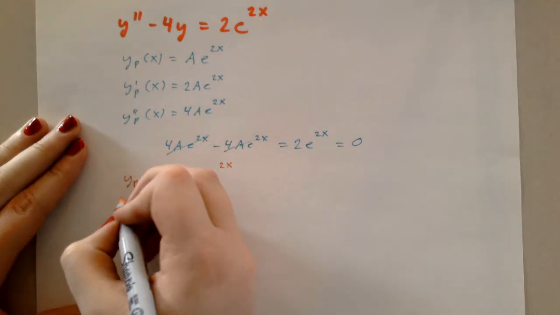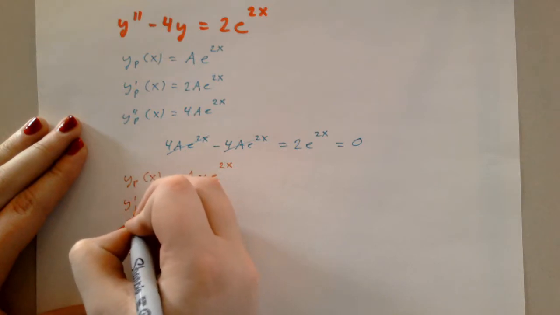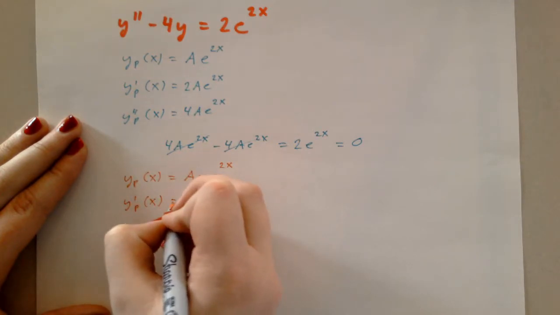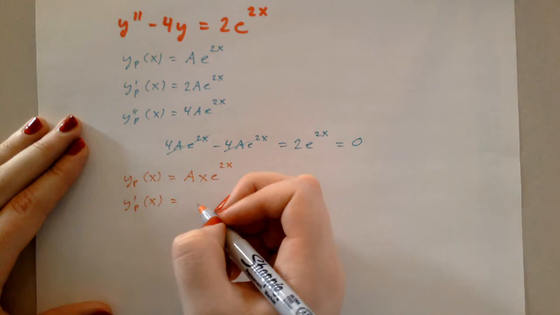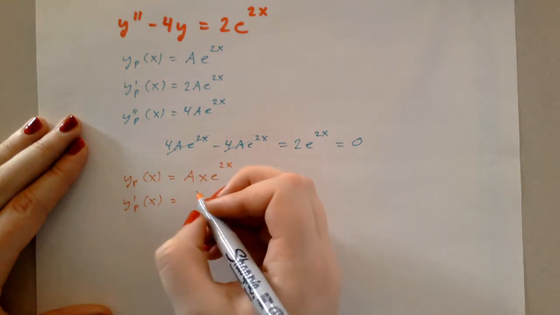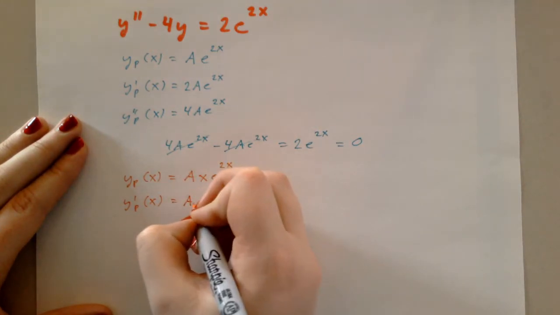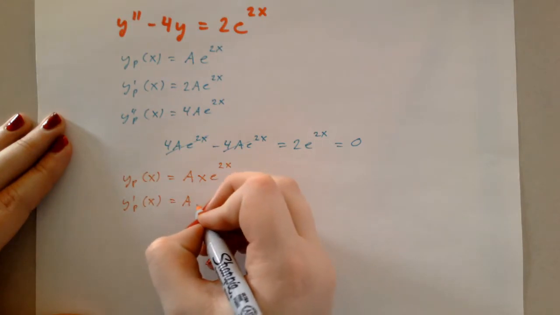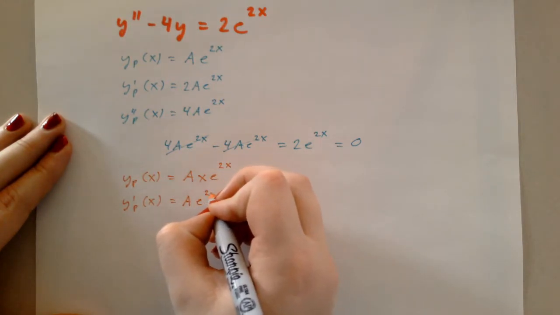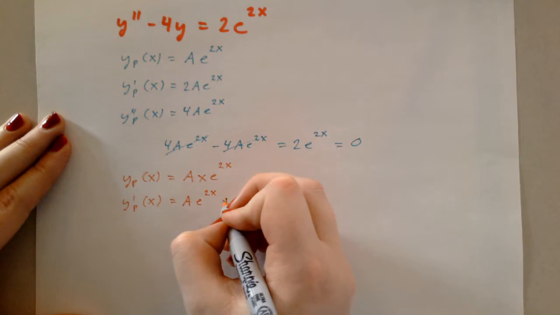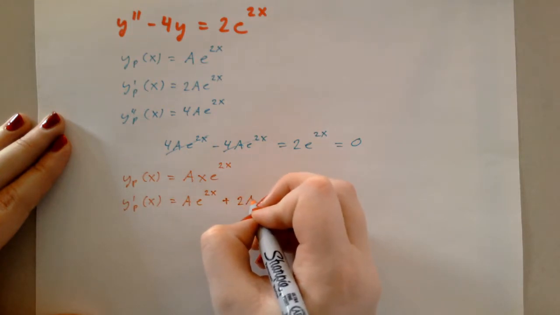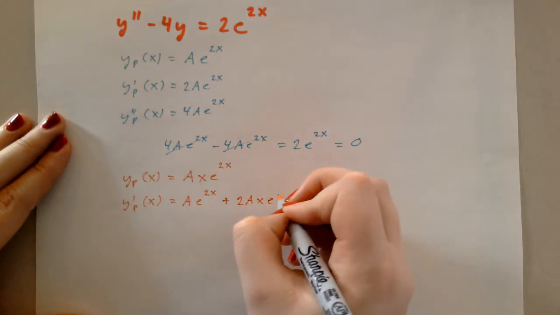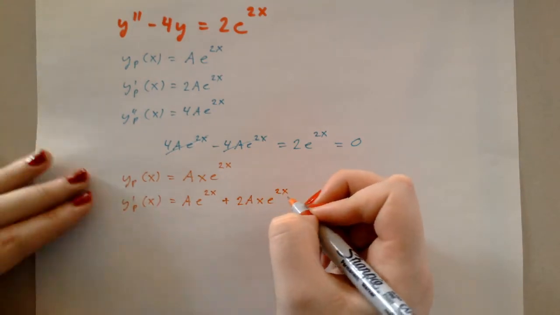Once again, we'll go ahead and we'll take the derivatives. So y prime, we're going to need to product rule this. So we'll start with a e to the 2x, and we'll need to add that to 2ax e to the 2x.